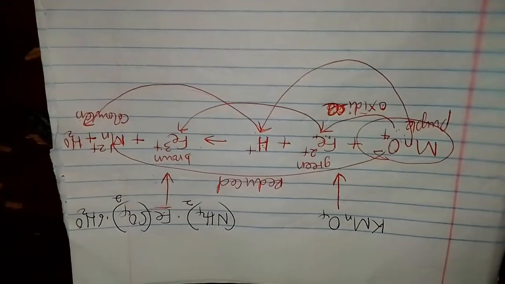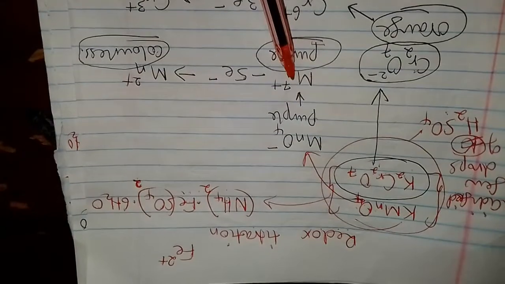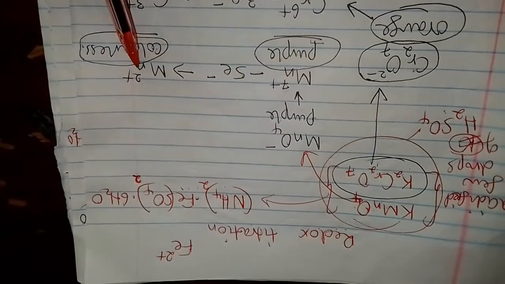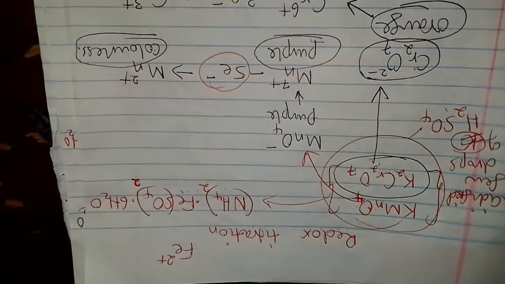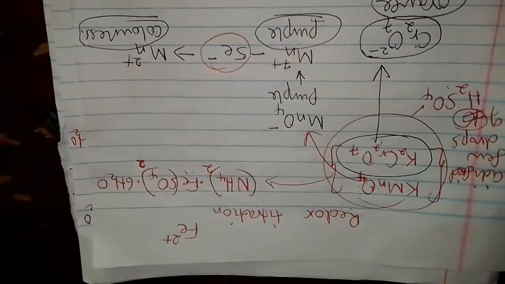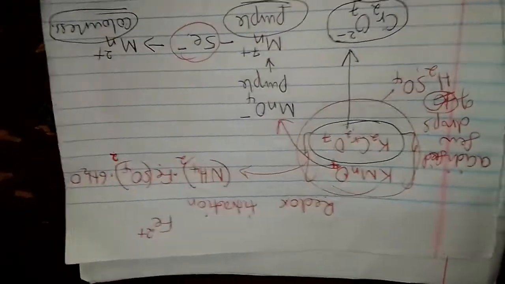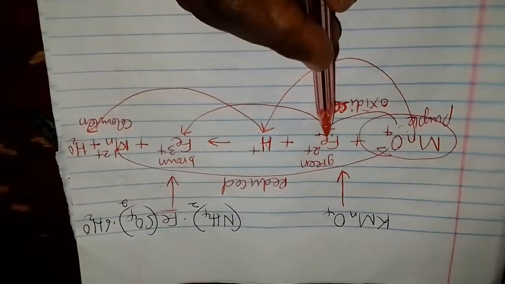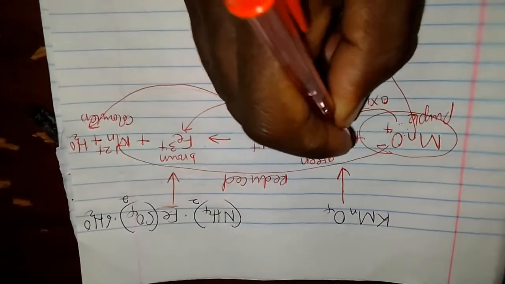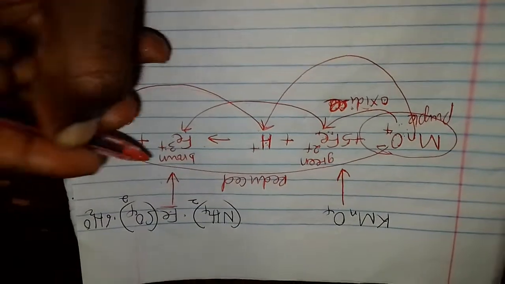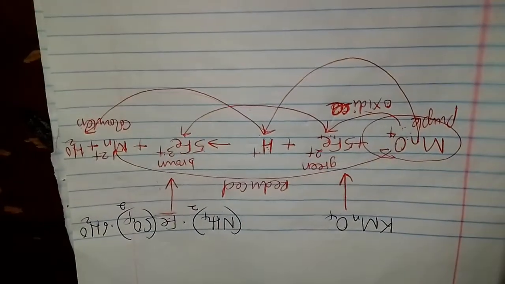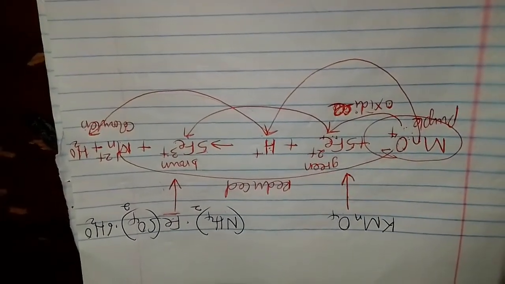I've told you in this case here that the manganate 7 ions lose 5 electrons to form manganese 2, so 5 electrons. Good. So that means in that case, the electrons lost by the manganate 7 are to be gained by the iron 2. So we shall put here 5, then we shall put here 5 to balance the equation. Okay.